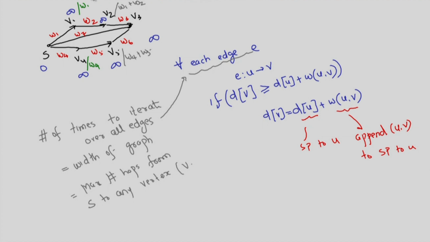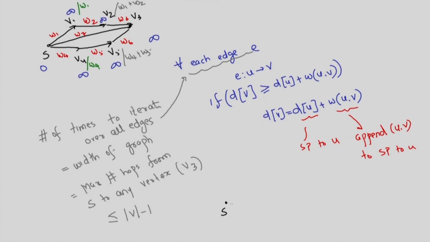So the complexity is basically the number of edges times this maximum number of hops. But I will convince you that this maximum number of hops in the worst case actually happens to be the number of vertices minus 1. I will construct an example to show this.